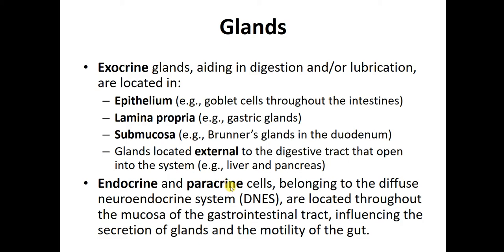The secretion of gastric juice, for example, is controlled by one of these hormones, gastrin. Motility of the gut and of the gallbladder, for example, is controlled by cholecystokinin, which is produced by these endocrine and paracrine cells.